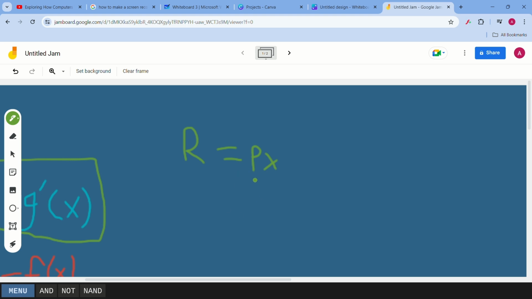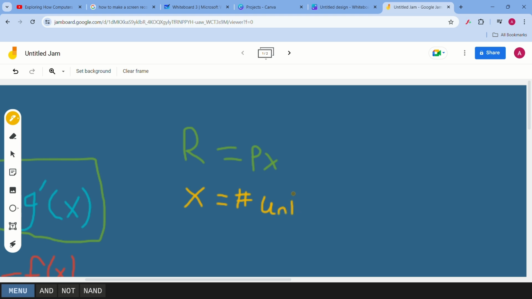Here it hinted that P is the price per unit, and R is the total revenue from producing X units. So it's safe to say that X is the number of units. A little note to self.